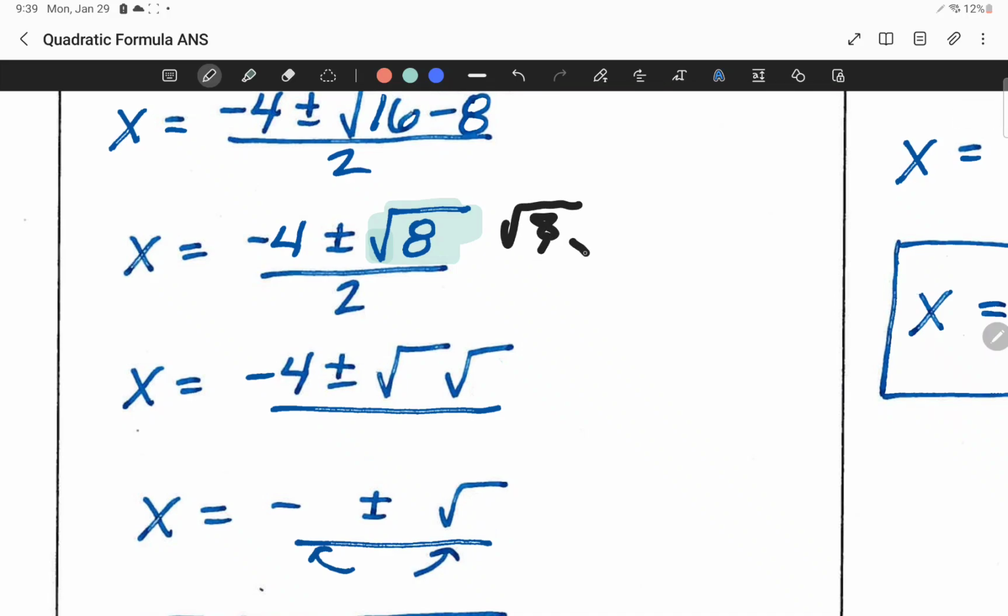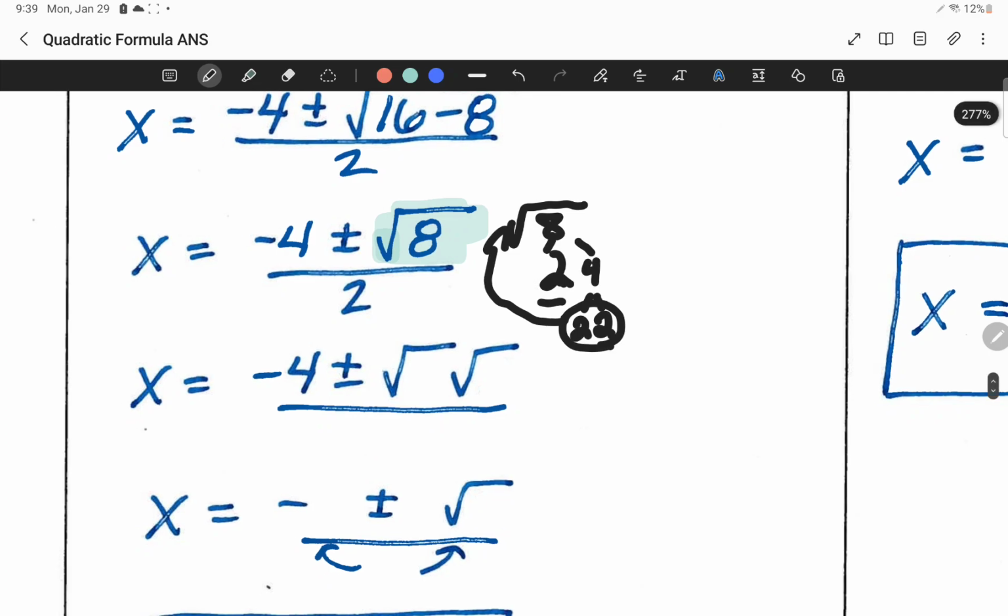And then we find factors of 8. 2 and 4. And then we change it to 2 and 2. For every group, you push it outside. Anything that doesn't have a group, we underline it and leave it inside of the square root. So this one would be what? 2 square root of 2, right?